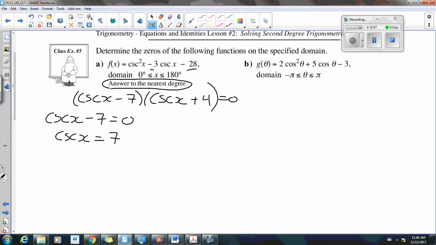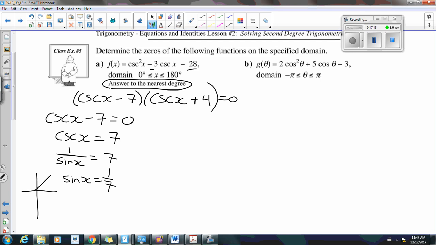Now we know we can't use that cosecant button on our exams, so it's much easier to change this to sine. So we know that cosecant is 1 over sine. So 1 over sine must be 7. If I take the reciprocal of both sides, that tells me sine of x must be 1 over 7.